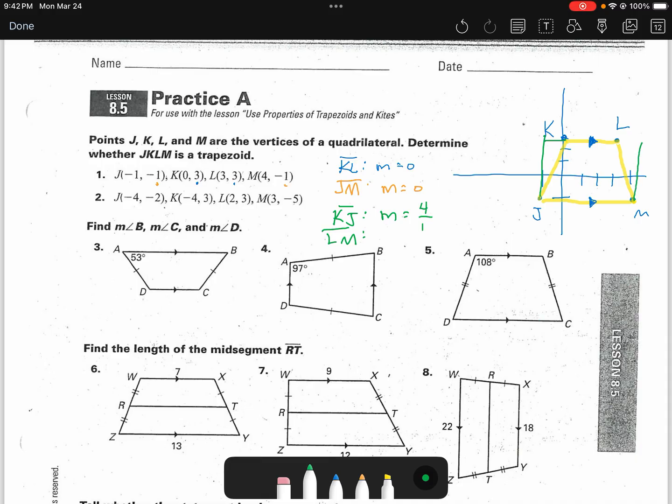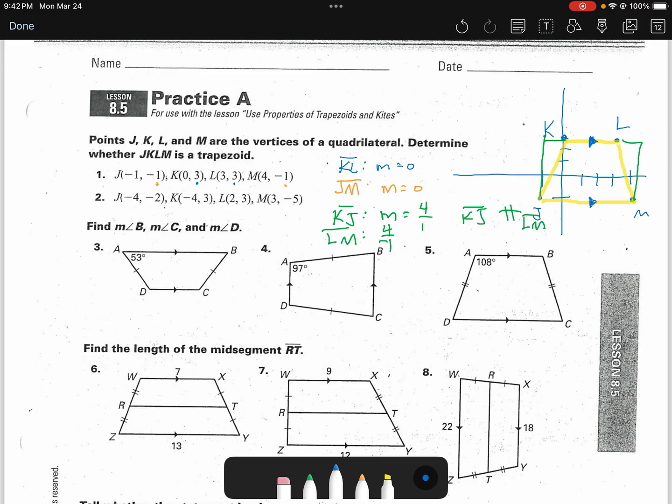It looks like I'm going up 4 and 1 left. Let me make sure I'm counting right here. Definitely going up 4 and 1 left. Okay, so those slopes aren't the same. That means those two segments are not parallel.